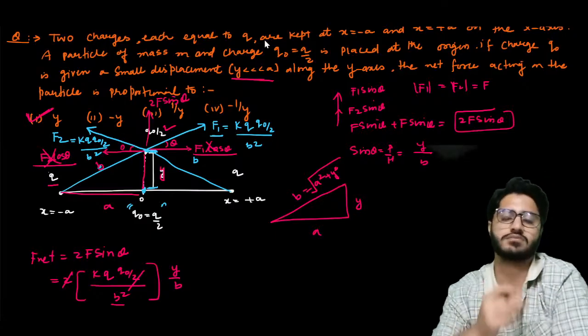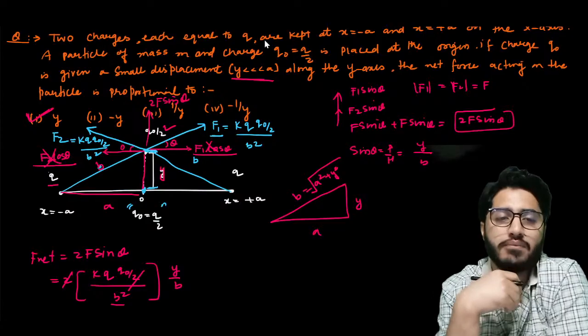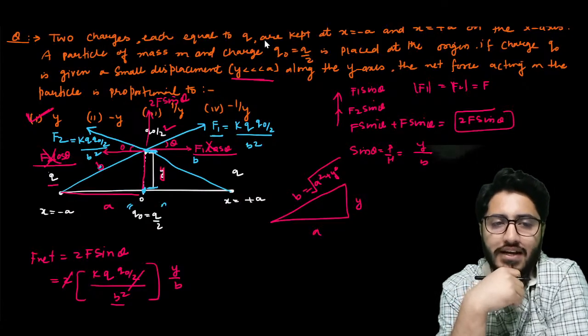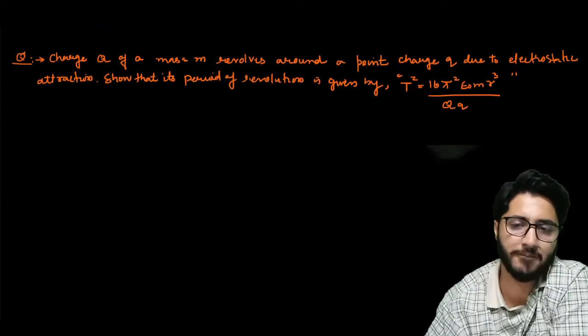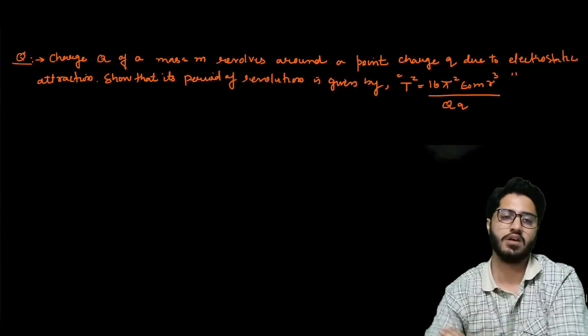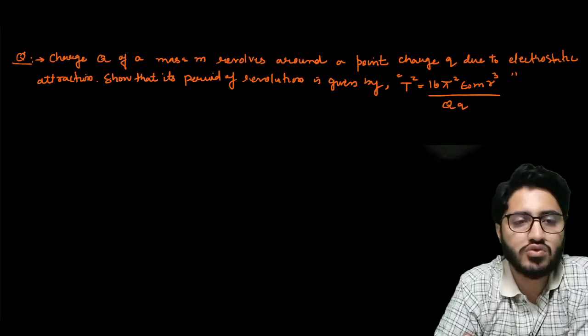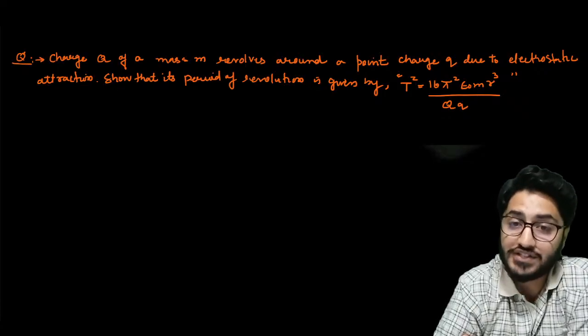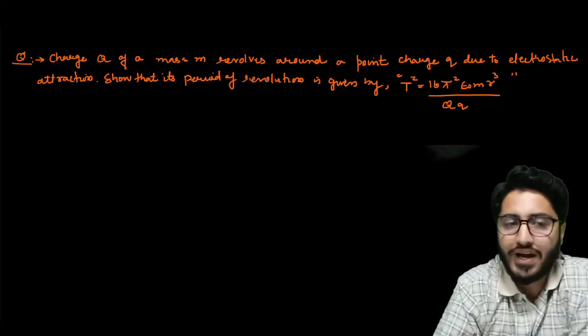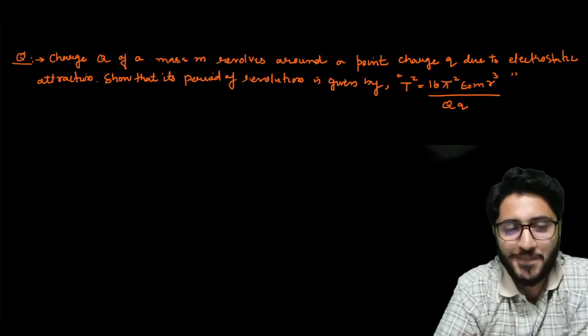Okay. So this is how we can manipulate the numericals and we will get our answer, right? Is there any other numerical? Okay, one more numerical. A charge q of mass m revolves around a point charge Q due to electrostatic attraction.